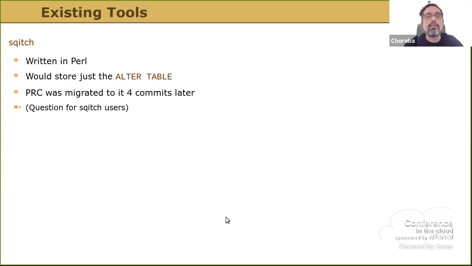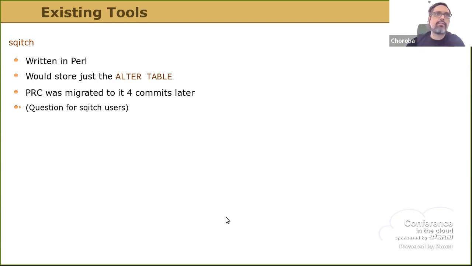And you can also have different databases in different phases, and it knows what alter tables to run and what to skip and so on. So it helps a lot. And in fact, the pull request club was migrated to it 4 commits later.